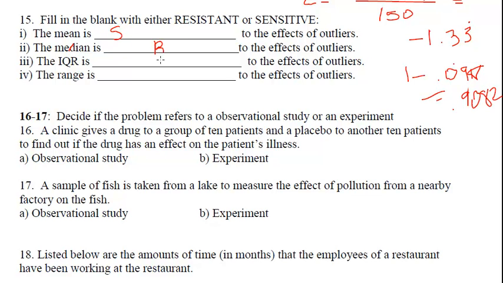You can add as many zeros as you want to make the maximum larger. That's not going to have any effect on the median. The IQR is also resistant. That's Q3 minus Q1. Your outliers are going to be closer to your min and your max. The range is your max minus your min, so that's going to be very sensitive because your outliers will occur on your max and your min.